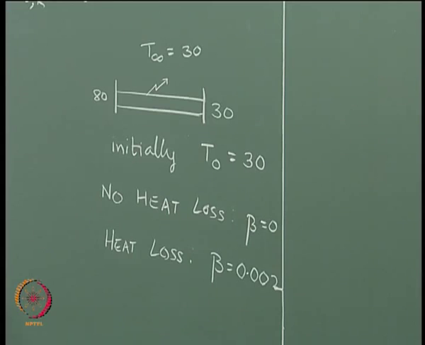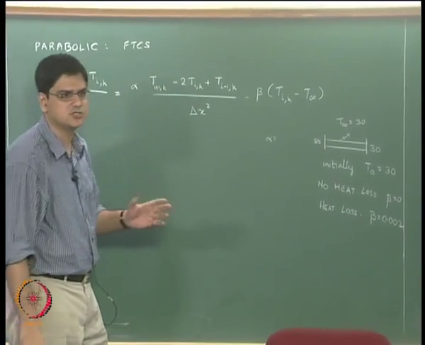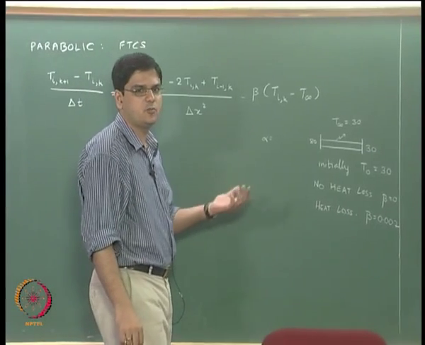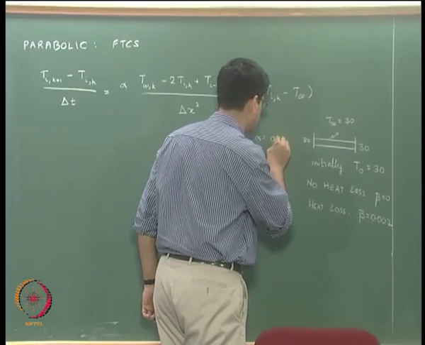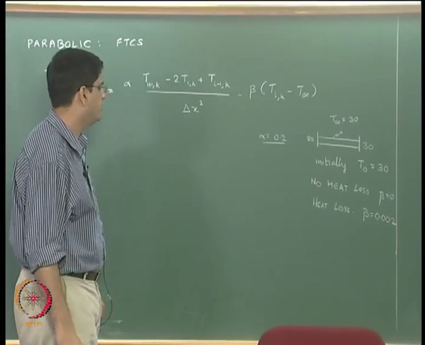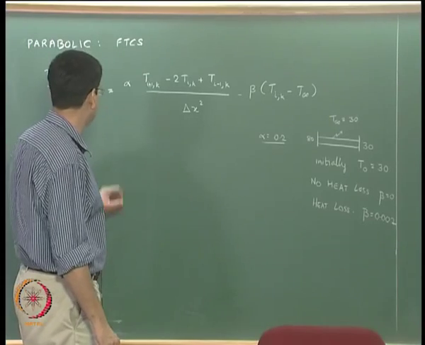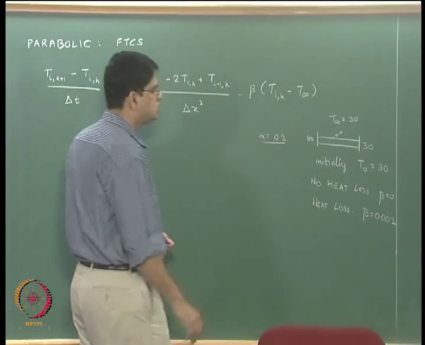And the alpha value, for steel for example, is approximately 0.2 centimeters square per second. So this is the value of alpha that we will take in this example. Okay. And let us take the length of this rod as 2 centimeters.